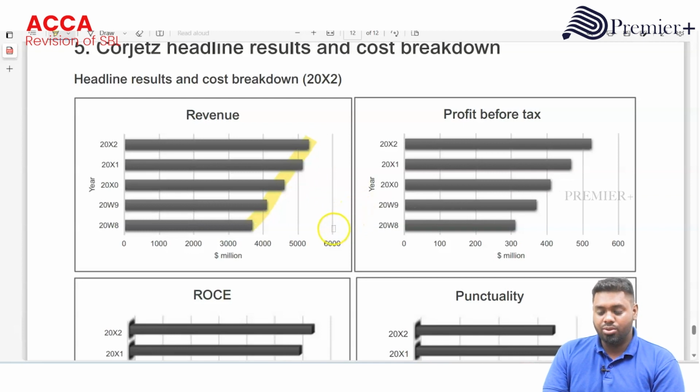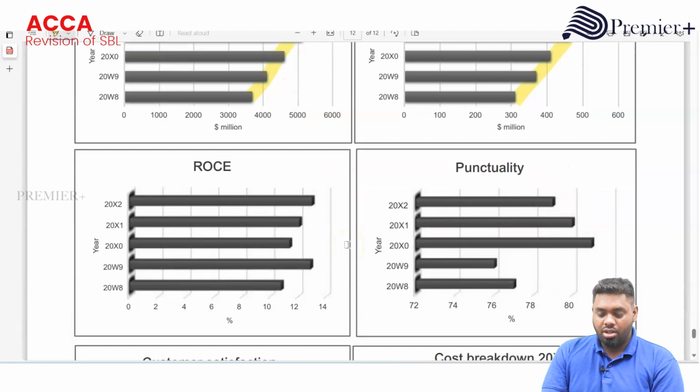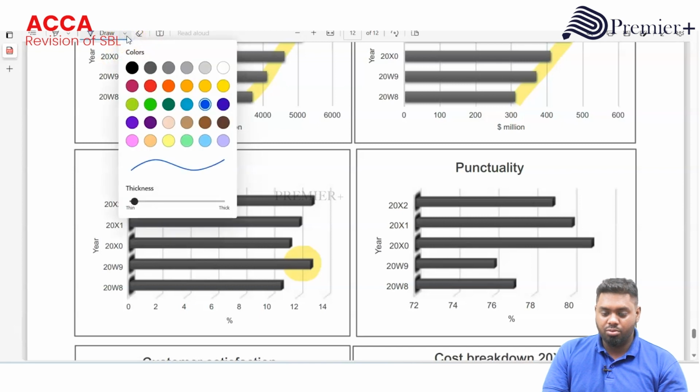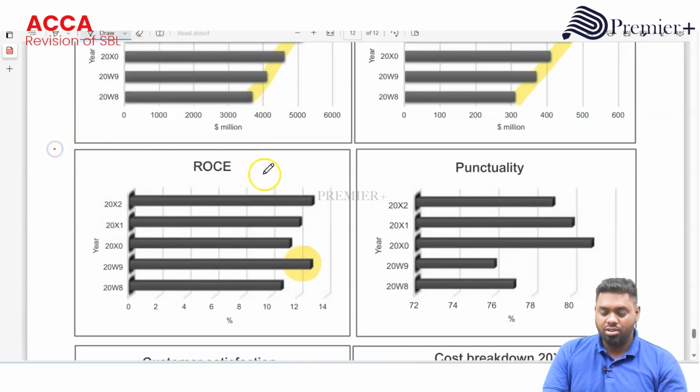And in 2022 it has passed 5,000 from last year to this year. Profit before tax, yes, a growth. Return on capital employed, except for 2019, we have observed a consistent growth. If you look at the other data, there is a consistent growth.